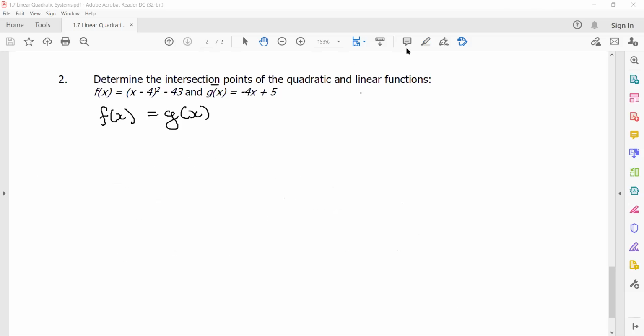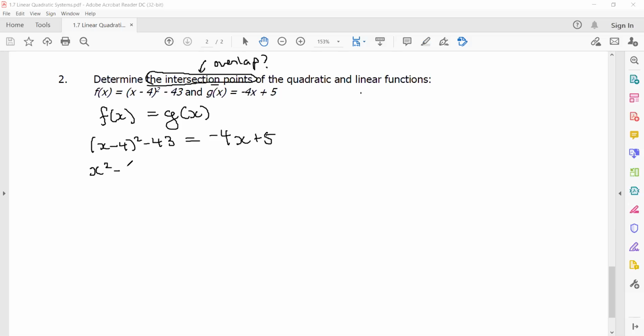All right, let's do this. As per usual, it says determine the intersection points, which sort of gives it away that there are going to be intersection points. Again, that's another way of saying where is the overlap? Where are they touching each other? In other words, when are they ever going to occupy the same place? When are they ever going to equal each other?